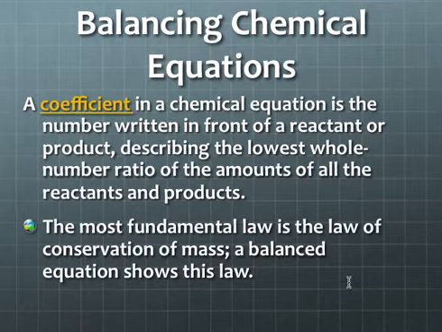And when we balance a chemical equation, we always use the lowest whole number ratio. So we've had this idea before. If you can reduce that ratio, by all means, please do. If you have coefficients that are 2, 4, and 2, those would reduce to 1, 2, and 1. So it's just like reducing a fraction. We do that for our coefficients in a balanced chemical equation as well.